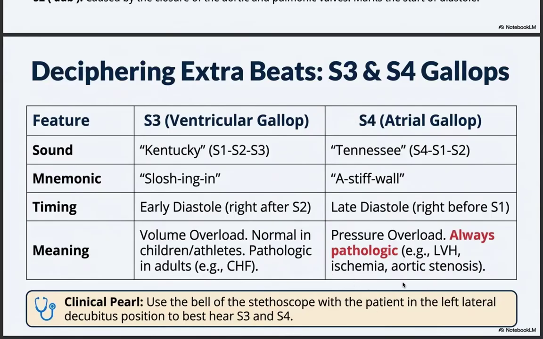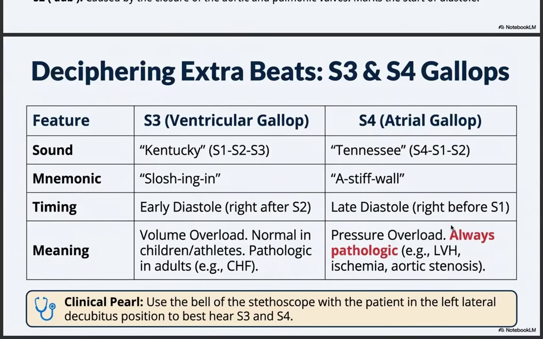Infarction, like in an MI, is also the narrowing of an artery to reduce blood flow, but with infarction, it causes cellular death. So that's the biggest difference between ischemia and infarction, is that infarction has the presence of cellular death.